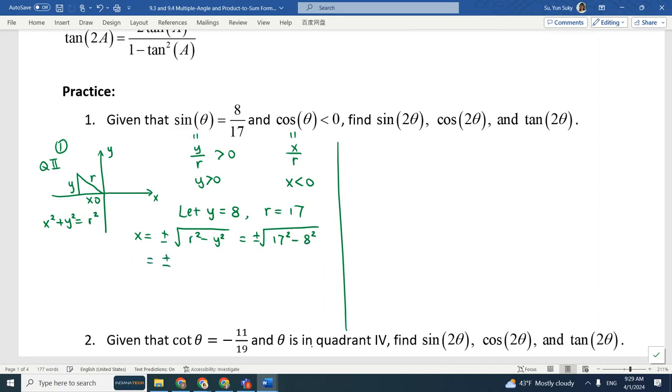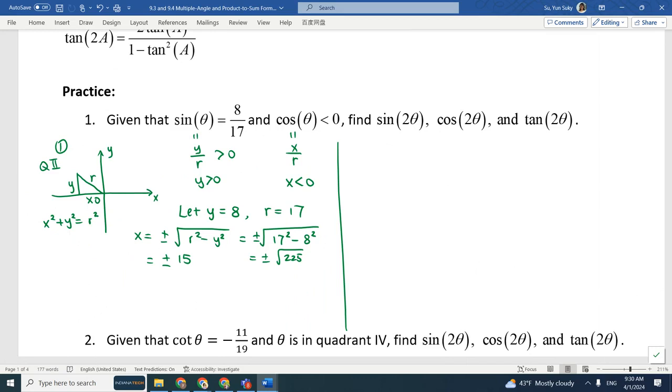What is that? Yeah, 15. Is that okay, everybody? We get 15. So far, so good? Yeah, you get the square root of 225, and that's exactly 15.